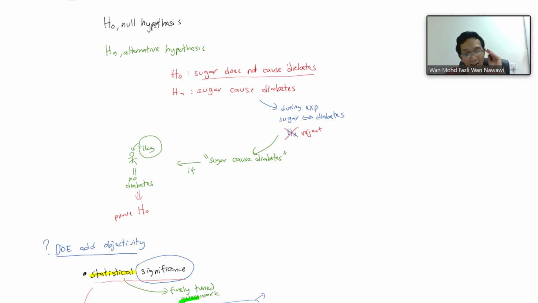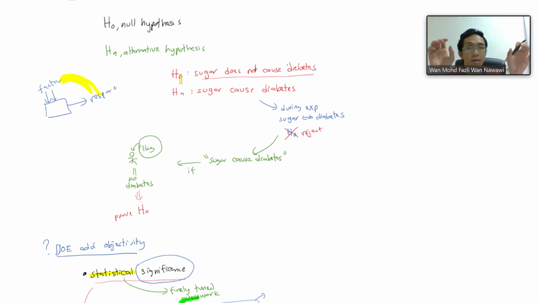Remember the main purpose of an experiment, for example with these factors and the response: you vary the factors to see whether there is any relationship between these two. So the status quo, the null hypothesis H naught here, says that there is no effect between factor and response.